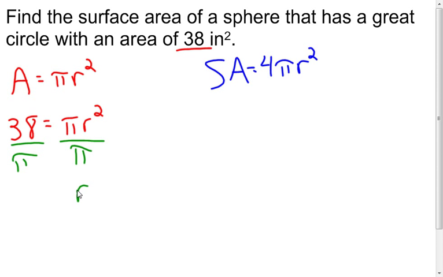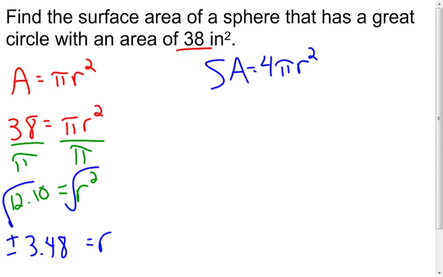This will get us down to r squared equaling 12.10, and I use the pi button on my calculator to do that. Then when I take the square root of both sides, I'm going to have r equal to plus or minus, don't forget that since you're using the square root in an equation. And we get 3.48. Since we're dealing with the radius, the negative is not going to come into play, so we don't have to worry about that.